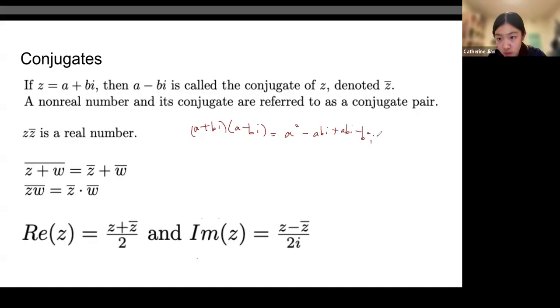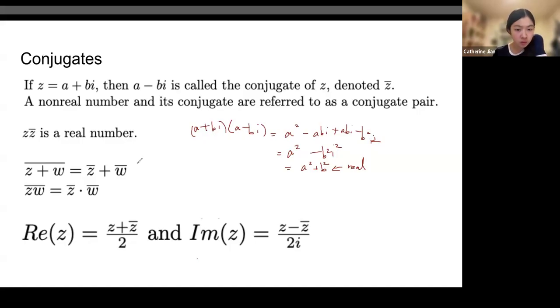Simplifying, we have a squared minus b squared i squared, and i squared is equal to negative 1, so this is just a squared plus b squared. Since a and b are real, a squared plus b squared is also real. This is a pretty important property, and it's good to know this.